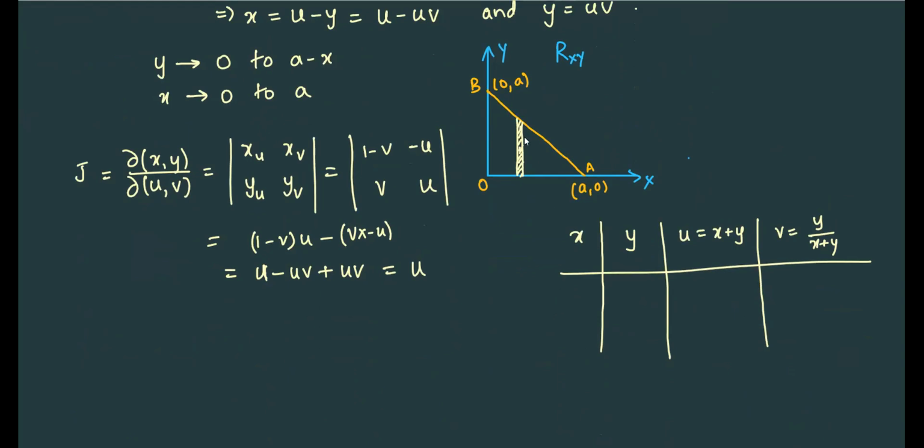Of course these are not constants, the boundary is a straight line. So y varies from 0 to a minus x. This strip has to transform. Like x varies from 0 to a and y will vary from 0 to a minus x.